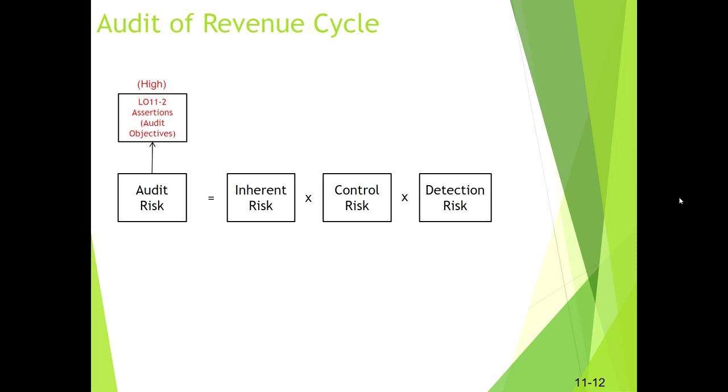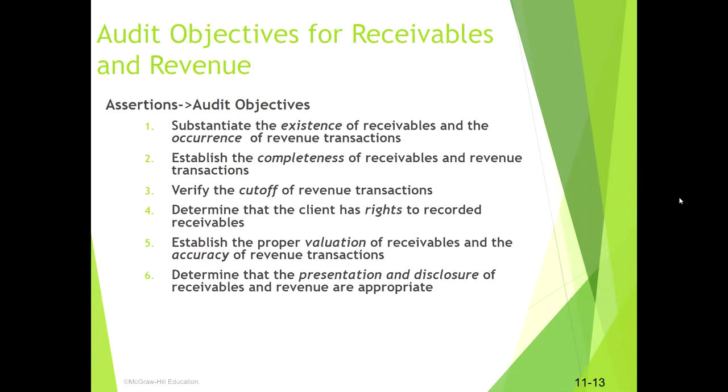But thinking about the audit risk and the high level assertions that we need to gain assurance over, again, combine those 6 financial statement level assertions with the actual revenue cycle significant accounts like AR, notes receivable, revenue, and the result is our specific audit objectives, right? And so let's look at that. We have these 6 audit objectives that result from the assertions being applied to these accounts.